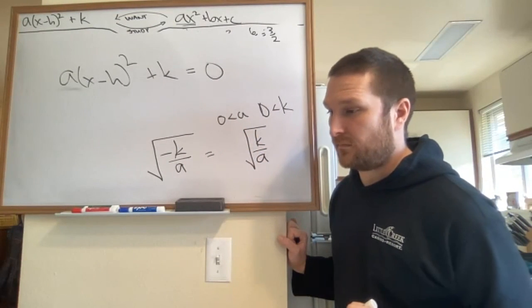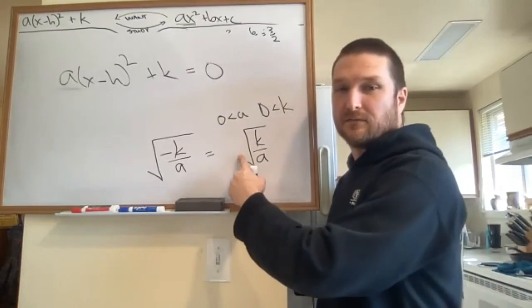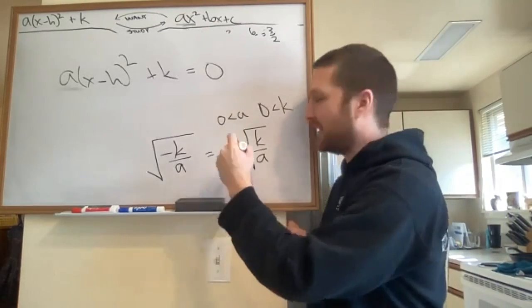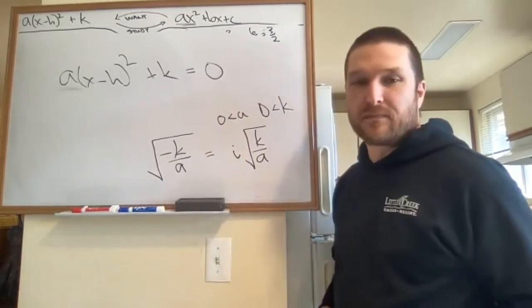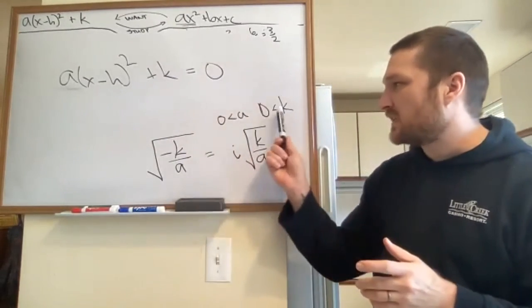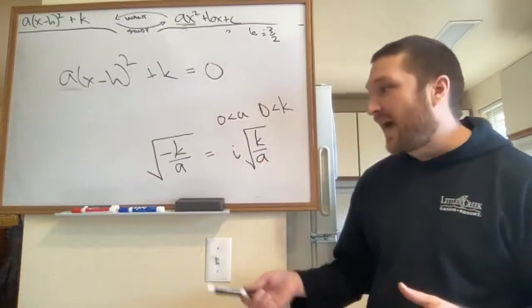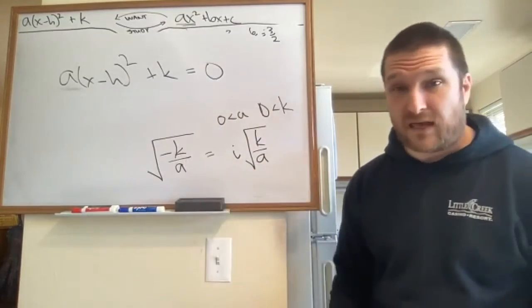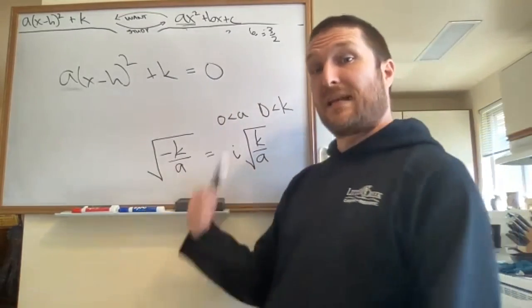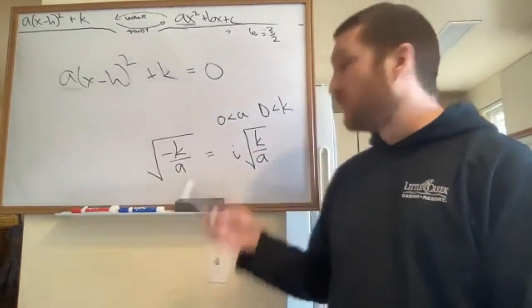Taking out the negative. How do we take out a negative? What comes out? An i, right? Exactly. And so this is what that means in the last problem. That's what I'm getting at. If it's just a positive k over a, don't worry about it. If it's a negative k over a, then we're going to simplify.